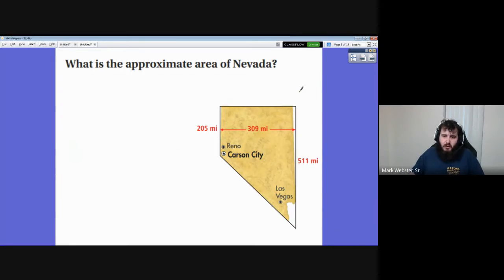So here's a problem. Basically, they're going under the assumption that the state of Nevada is roughly a trapezoid. So we're going to go through. We've got the average of the bases times the height. Well, let's average out the bases.